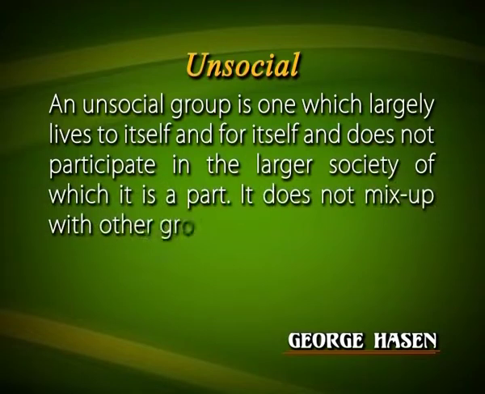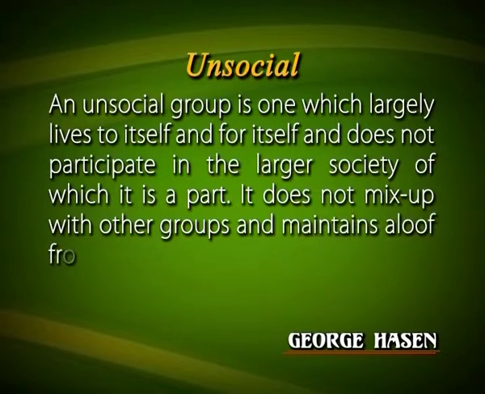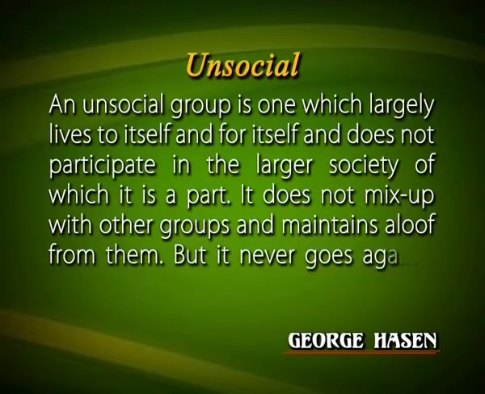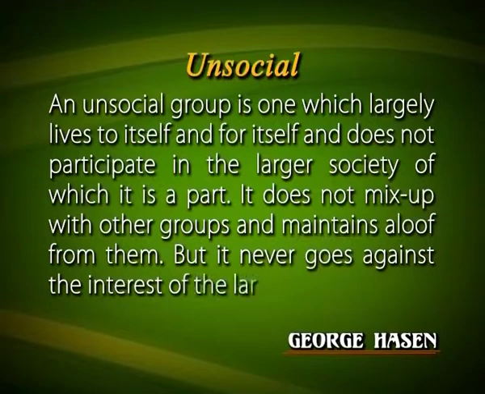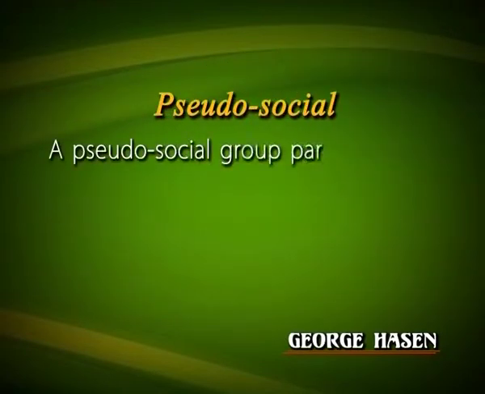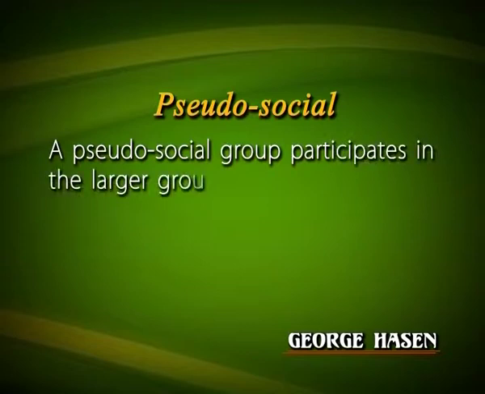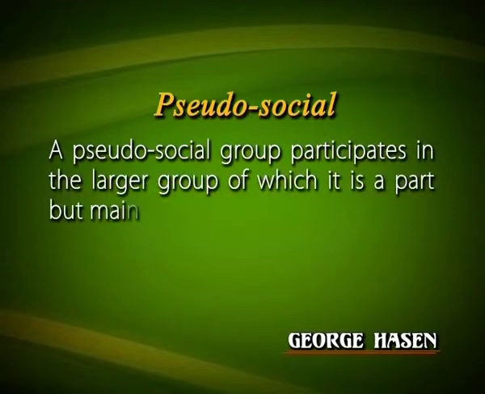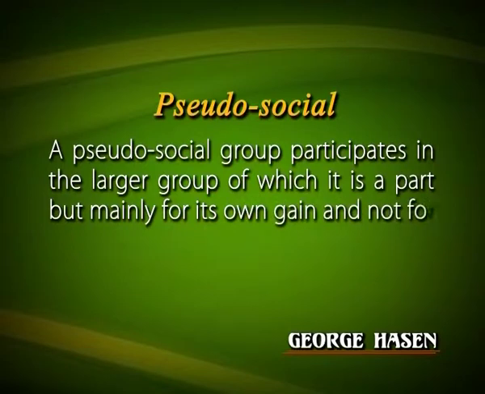It does not mix with other groups and maintains aloof from them, but it never goes against the interests of the larger group. A pseudo-social group participates in the larger group of which it is a part, but mainly for its own gain and not for the greater good.